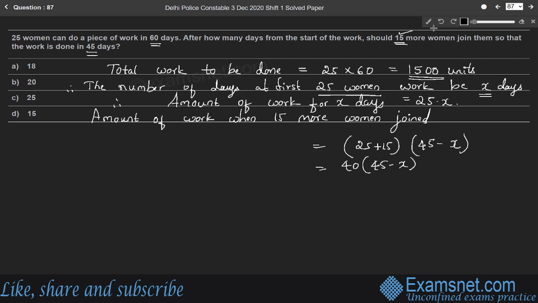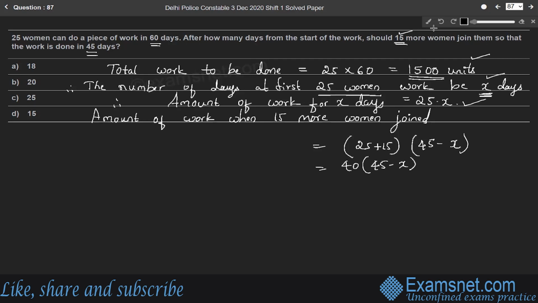I'll repeat once again. The total work to be done is 1500 units. In that, 25 women work for X number of days at first, so the amount of work done by 25 women will be 25X. After X days, 15 more women will join.